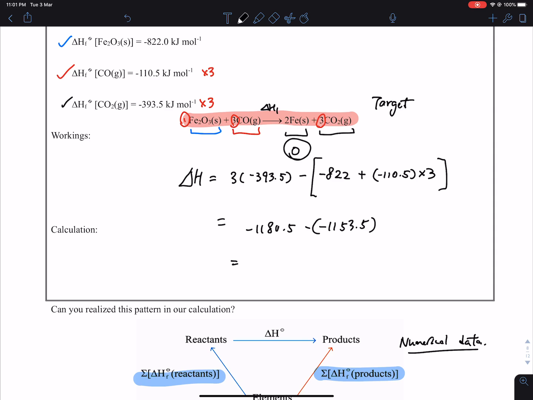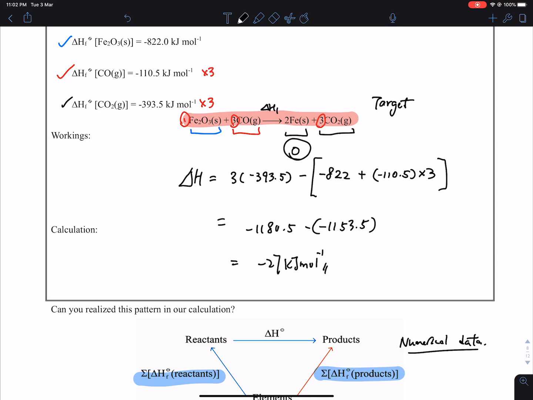So the equation would become 1153.5 minus 1180.5. Okay, it's negative 27 kilojoule per mole. Okay, let me check. Okay, it's negative 27. So this is how we use this method for calculations.